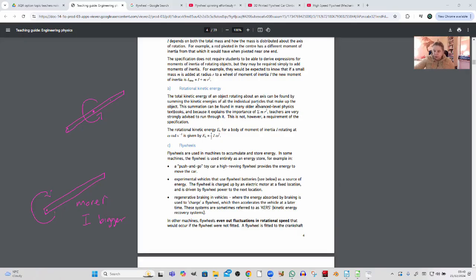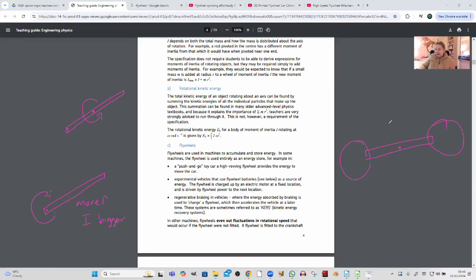So if you've got two masses that are a distance from the centre of the rotation, and the thing's spinning, like a spaceship spinning, and you've got a virtually mass-free rod, and then there's two habitation things.